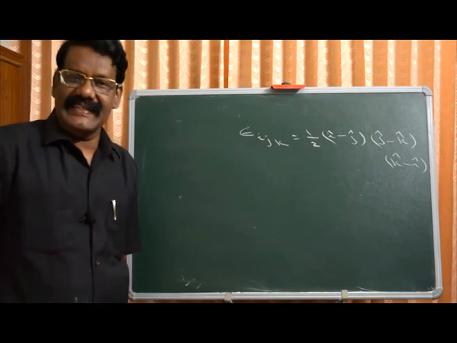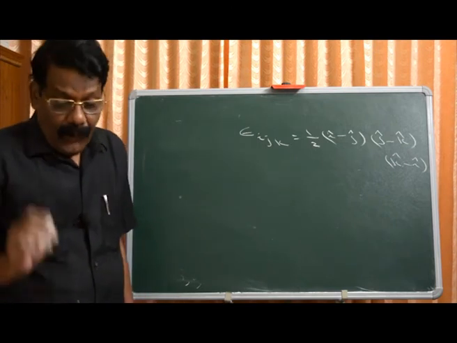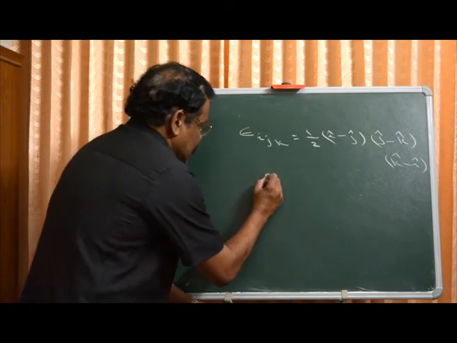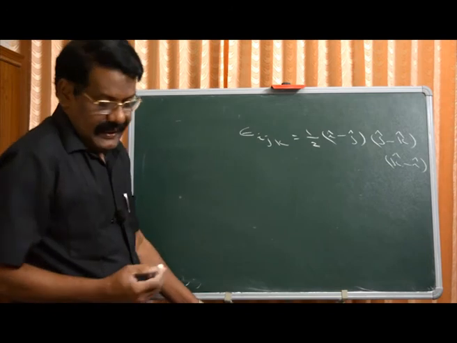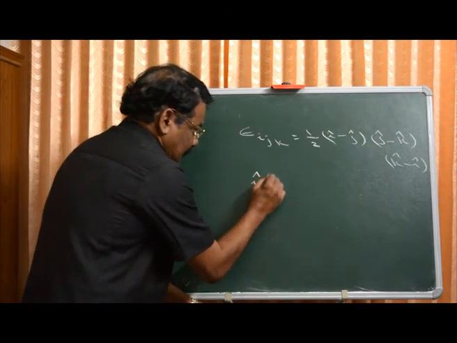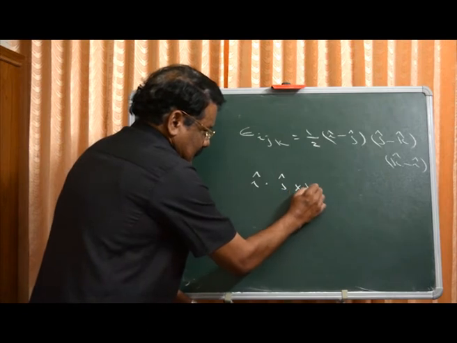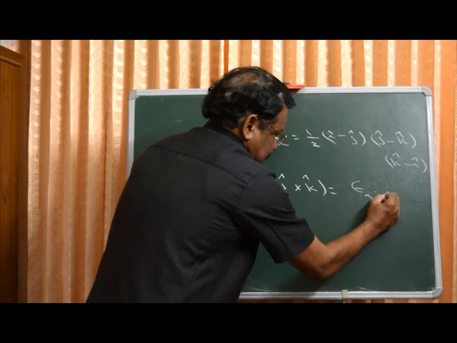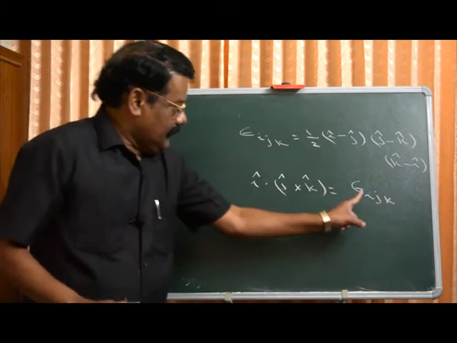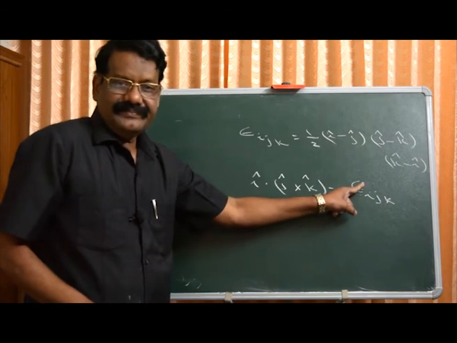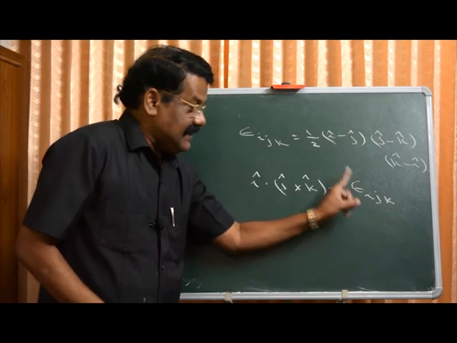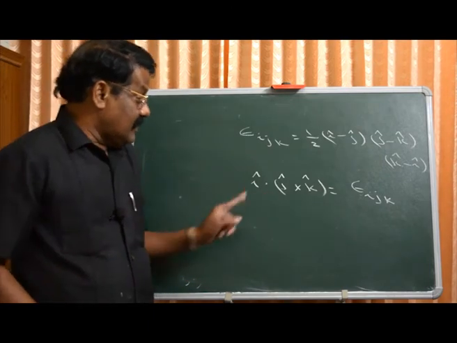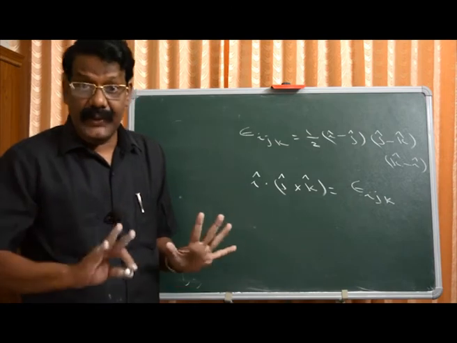This is another form of epsilon ijk. Correct? Or epsilon ijk can also be written as, I already told you, i dot j cross k is equal to epsilon ijk. I told you the Levi-Civita symbol, or a third rank tensor, is nothing but the scalar triple product of 3 unit vectors.